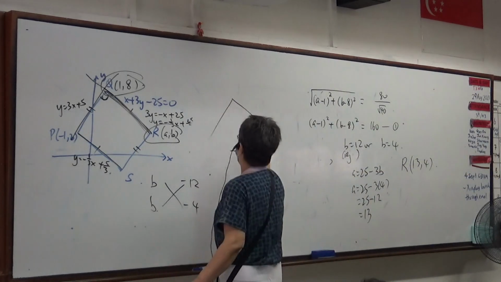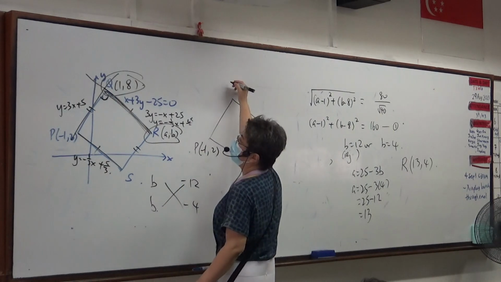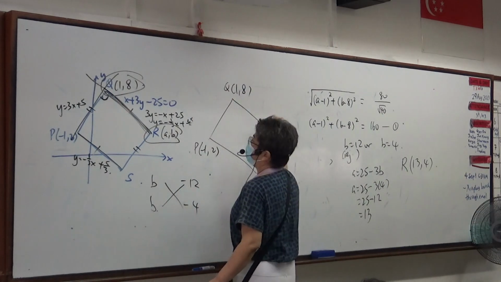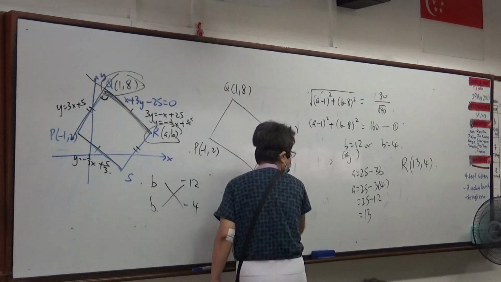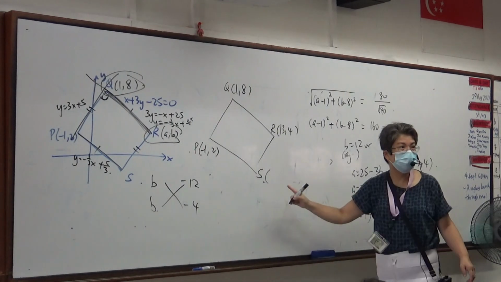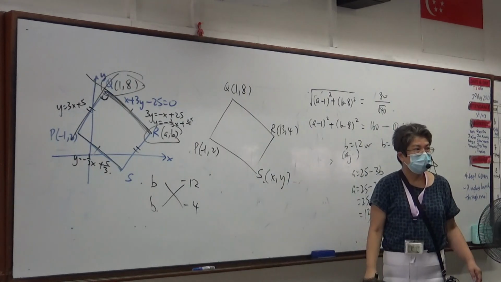On top, P is (negative 1, 2), Q is (1, 8), R is (13, 4). S is don't know, right?